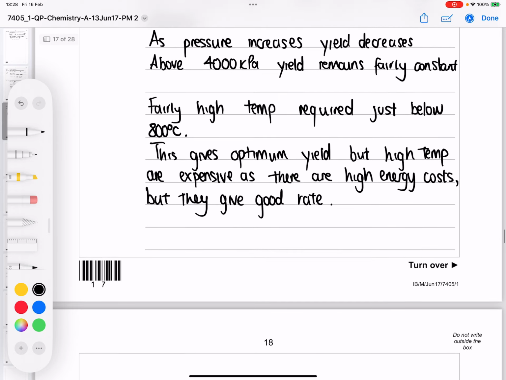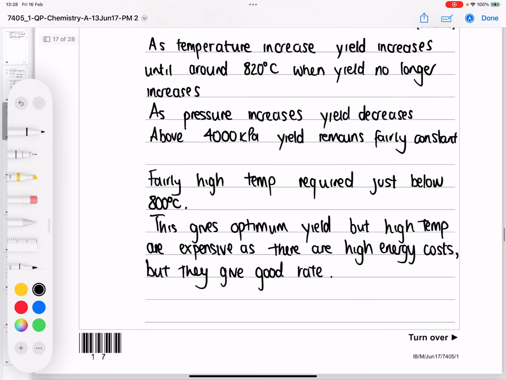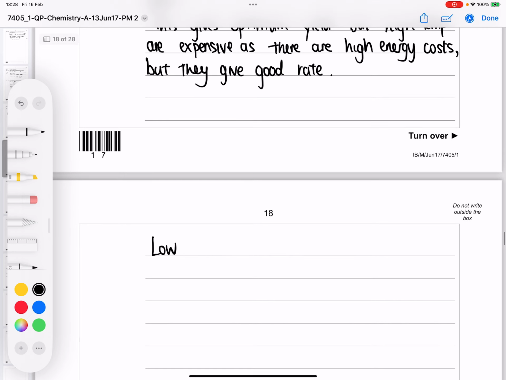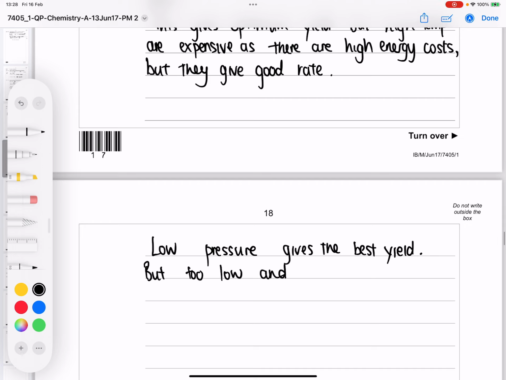So let's have a look at the pressure. It looks like we want a low pressure. Low pressure gives the best yield, but too low and the rate will be very slow.